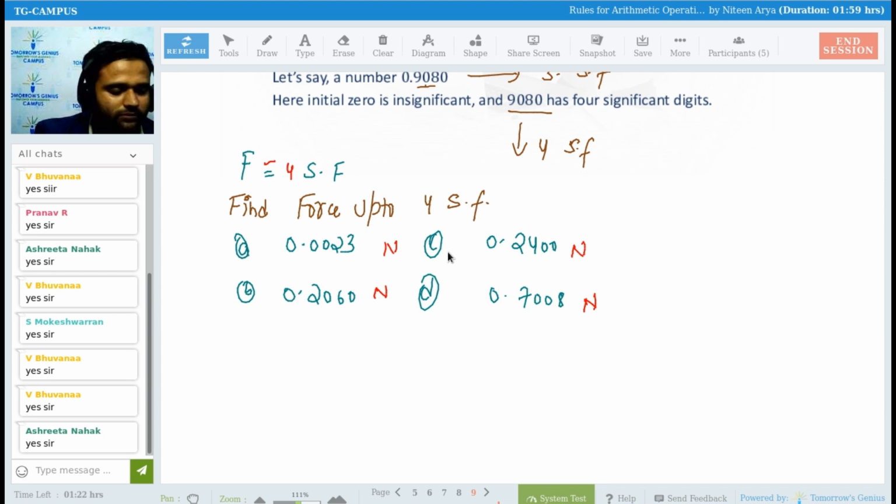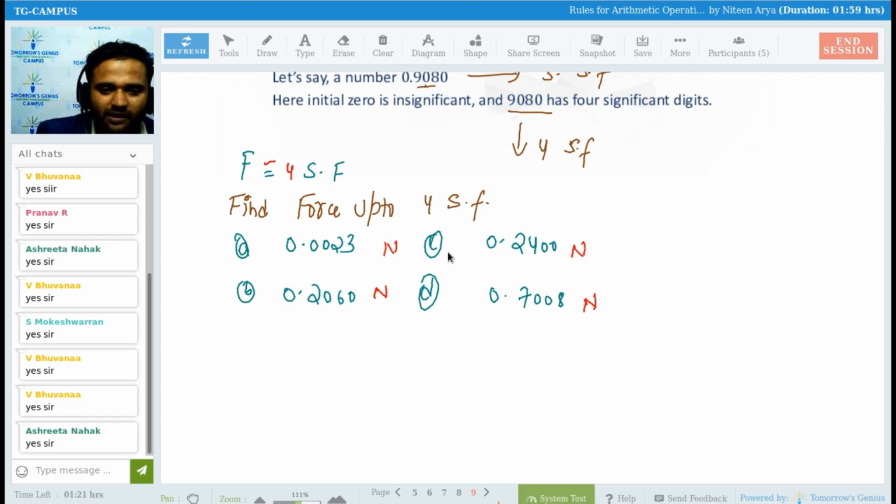Tell me, beta, everyone, please write it down. You yourself write it down after seeing that. And whenever you write something, be ready to explain also. I can ask for the explanation also.